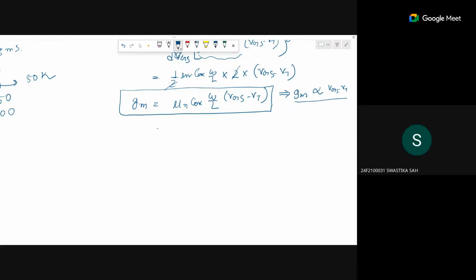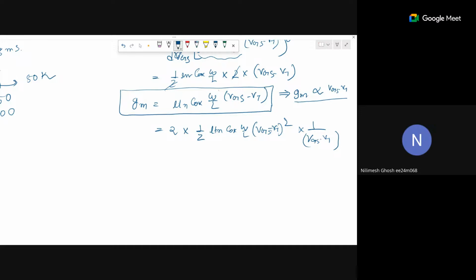So we multiply by 2 and 1/2 in this expression, and then we write it like this: mu n Cox W/L (VGS minus VT) whole square into 1/(VGS minus VT). The same expression I have written like this only.